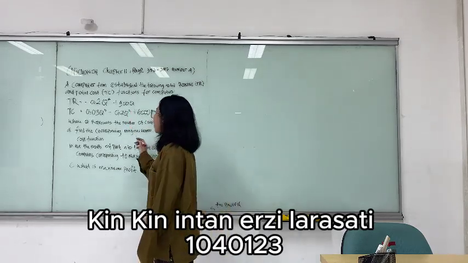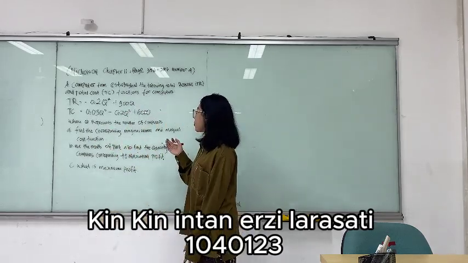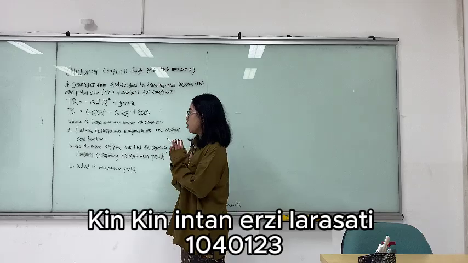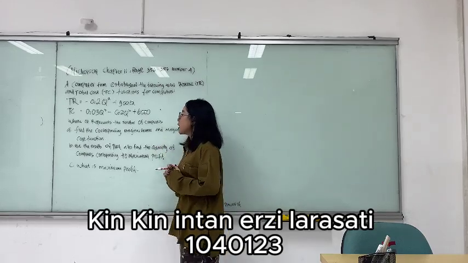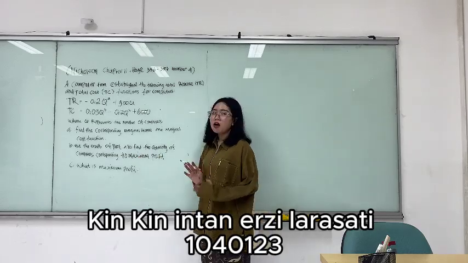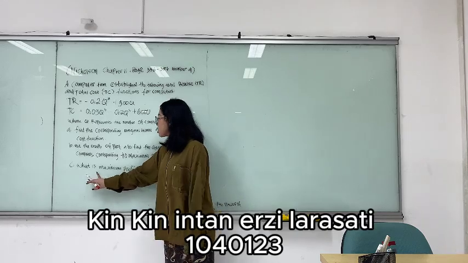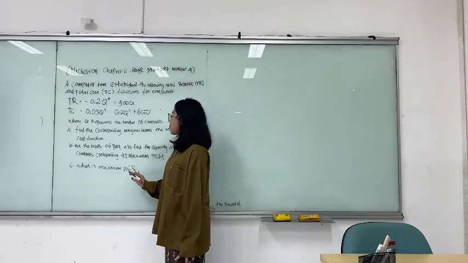The first question is to find the corresponding marginal revenue and marginal cost functions. The second is to use the result to find the quantity of computers corresponding to maximum profit. And the last is, what is the maximum profit?